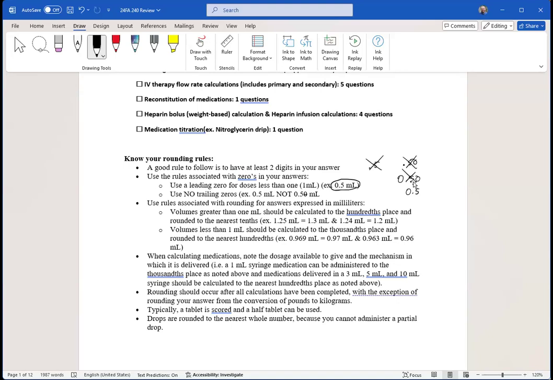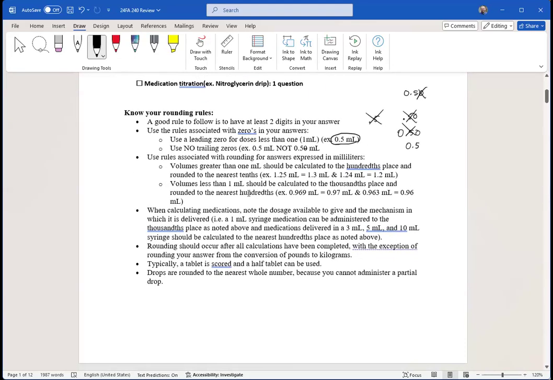Then the trailing zeros, that's what I demonstrated here. If I were to write 0.50, we don't want that trailing zero listed there. Most students don't have an issue with that, but I figured I'd throw it out there since it's listed here.